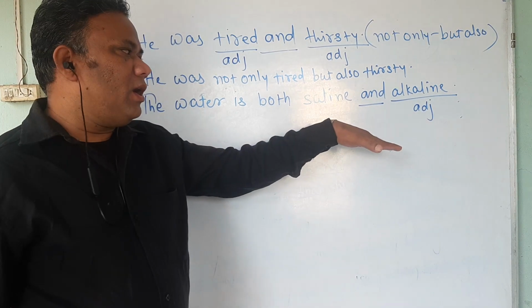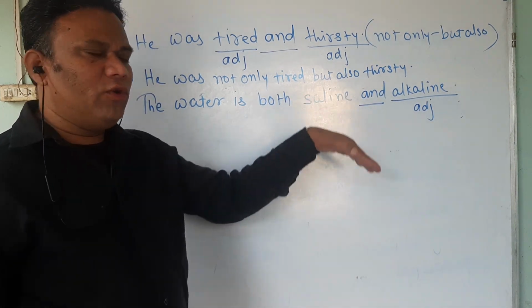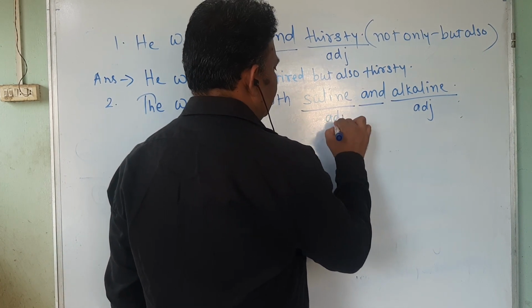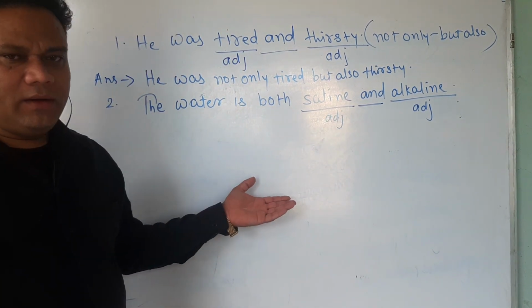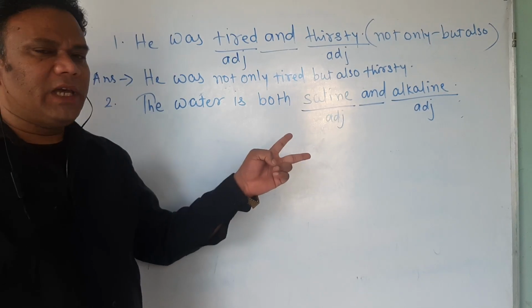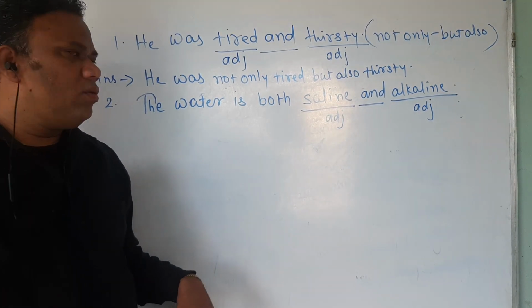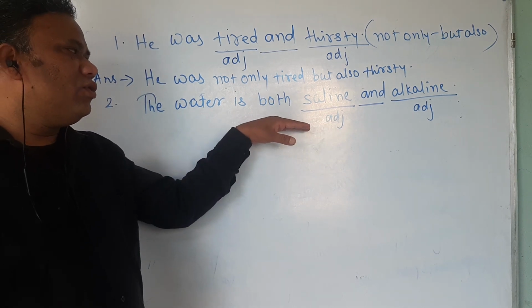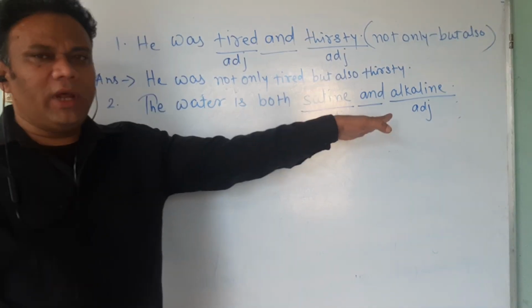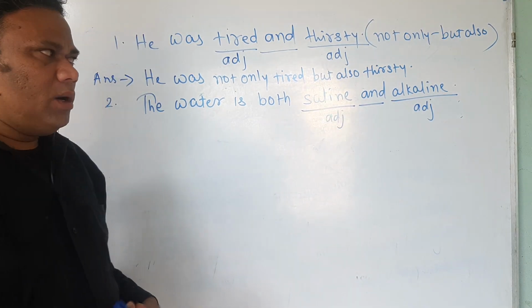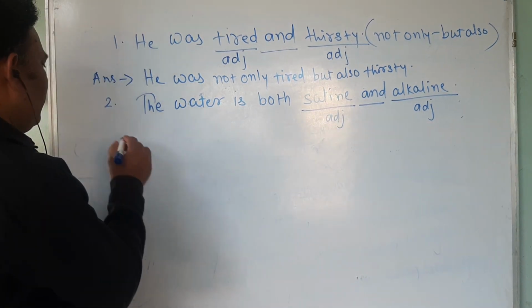So we have to find out one more adjective before "and". What is that? Yes, it is saline. Now if we find two words having the same part of speech, as I said, what we have to do? Before one word we have to use not only, before another, by cancelling "and" or "as well as", we have to use but also.